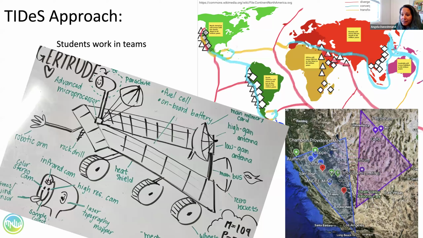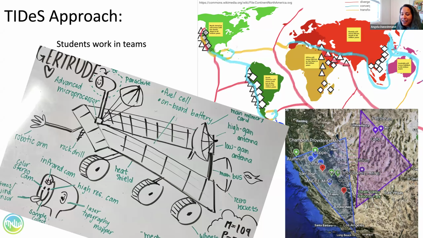What do we already know about this planet? And are there potential resources on this planet? And if so, how are we going to get them? So they create mission objectives, design a rover, and then in their presentation, they pitch it to NSF to get the project funded, which NSF is just the class. They all vote on who gets funded and who is funded with revisions.